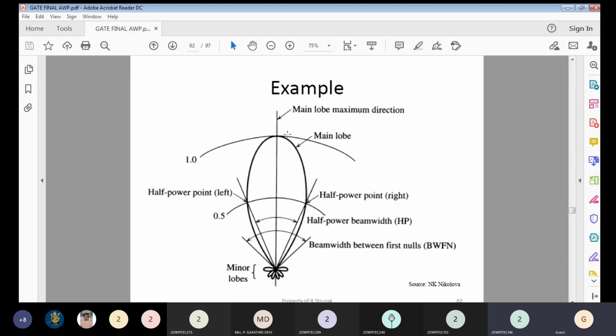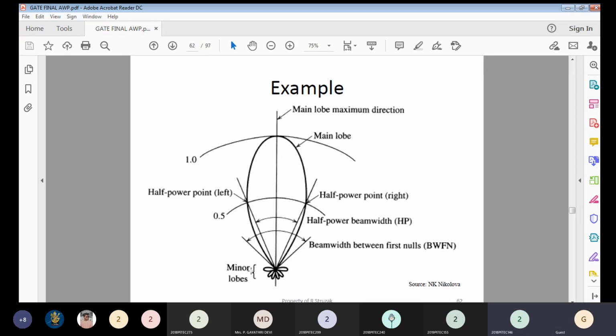As I told you, we can have two types of beam width: first null beam width, or beam width between first nulls. In our antenna radiation pattern, we can find two types of lobes: the main lobe and the minor lobe.